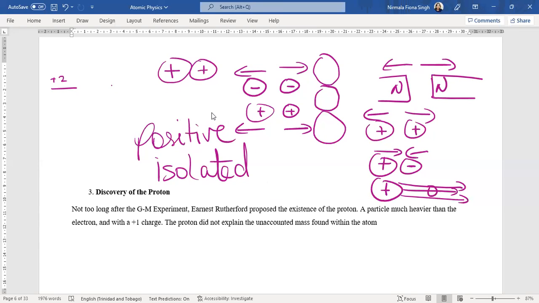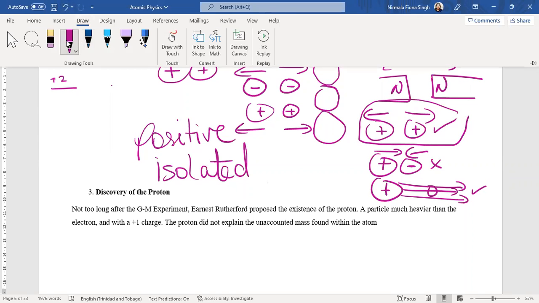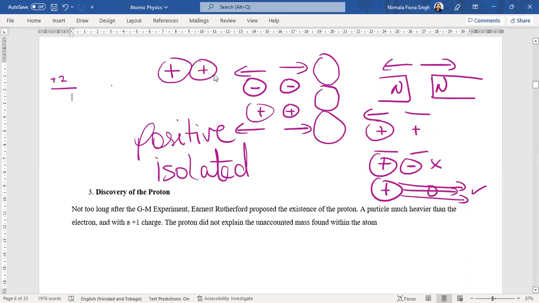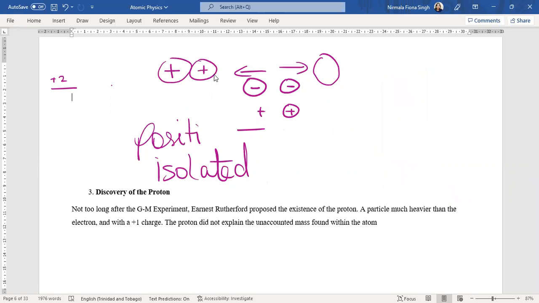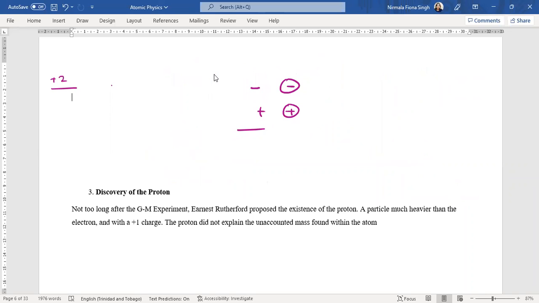So what were they seeing? At the time, they were seeing this sometimes. They definitely weren't seeing this, and they were seeing this sometimes too, right? So the mere fact that they had this repulsion happening meant that there had to be an isolated positive charge in the system. So this is where they sat down and thought about it. They spoke to Rutherford, and they all sat down and looked at this.